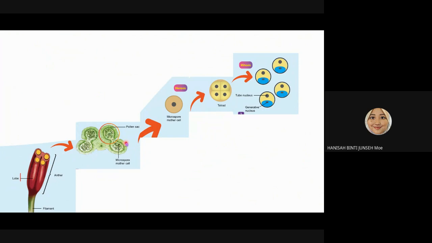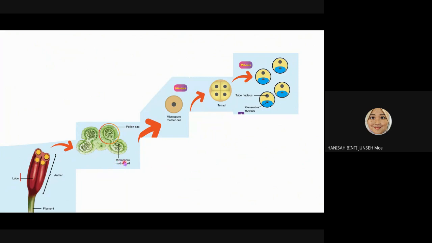What happened inside there? Inside the anther, when we zoom in, we can find a pollen sac. Not the pollen grain yet, the pollen sac. Sac means a bag, a place where the pollen is. And inside this pollen sac, we can find microspore mother cells.